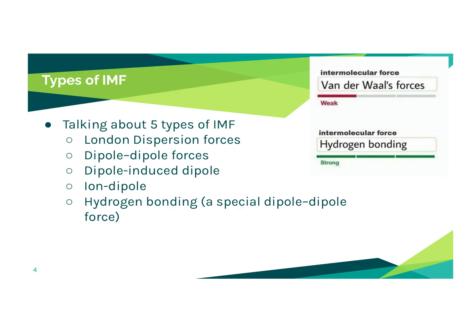So these are the five main types of intermolecular forces, or IMFs, that we're going to be talking about in AP Chem. The first is London dispersion forces, which you also sometimes see called van der Waals forces or interactions.